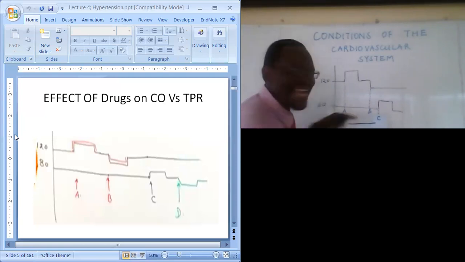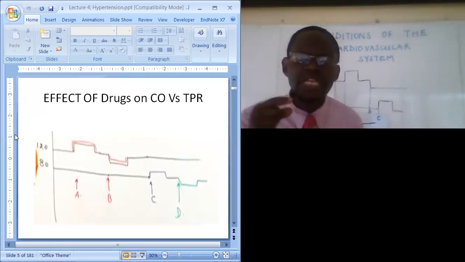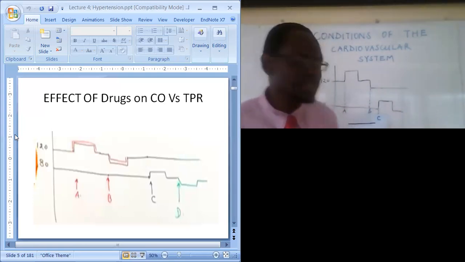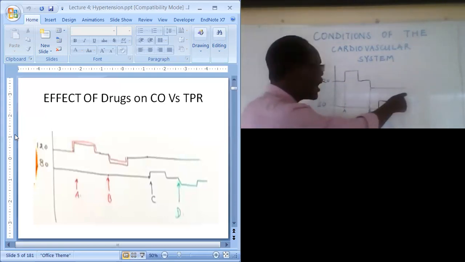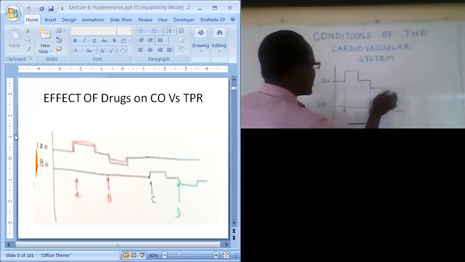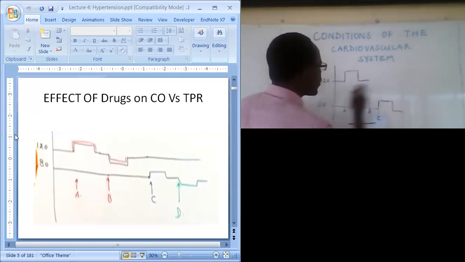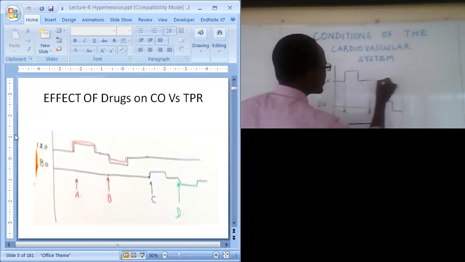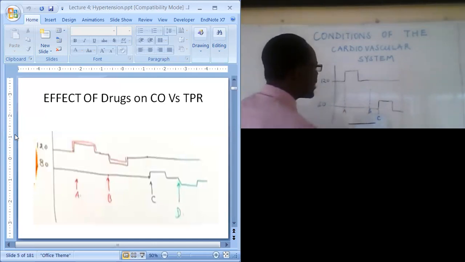So what does that mean? It means it has increased the total peripheral resistance. But on the other hand, assuming that drug has no effect on cardiac output, it has had no effect there.